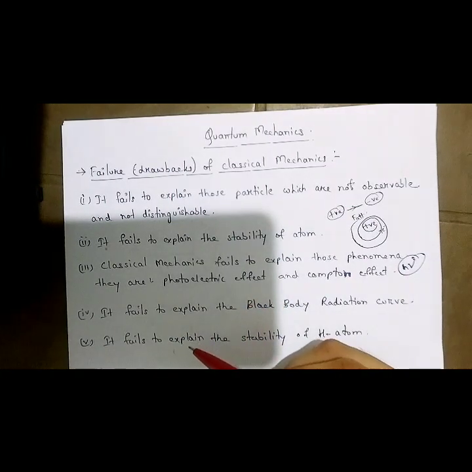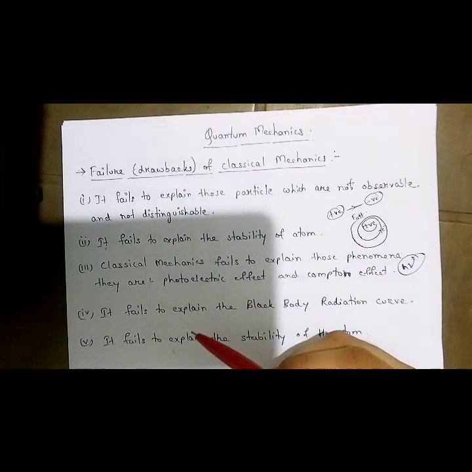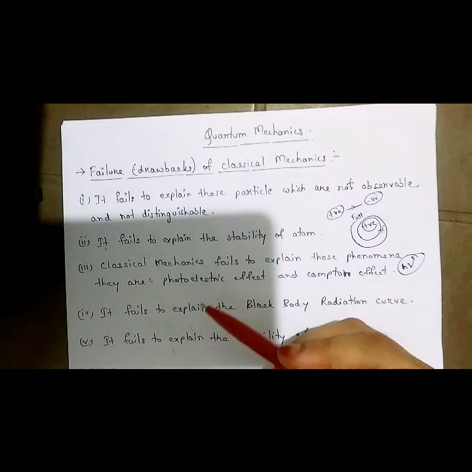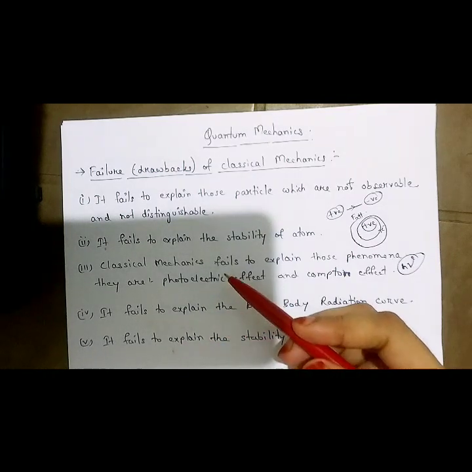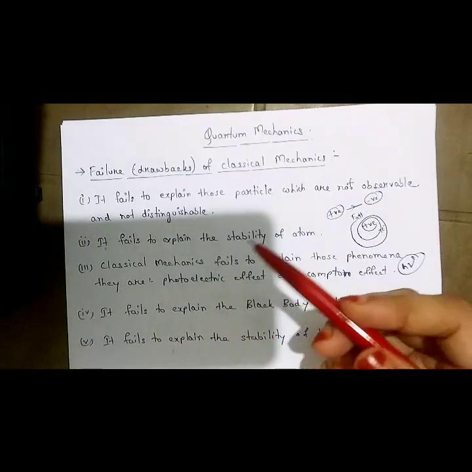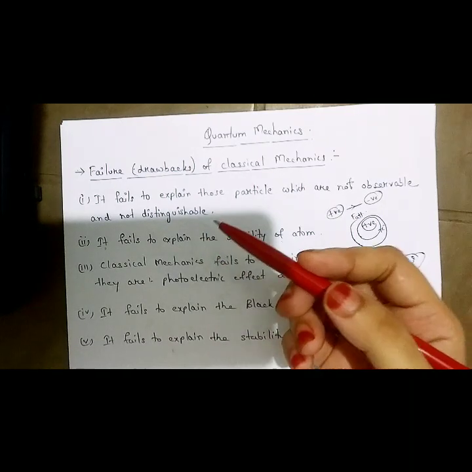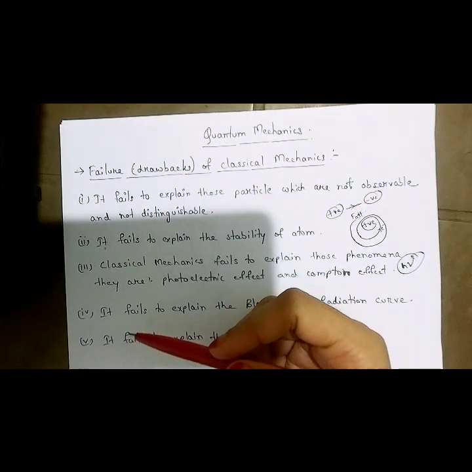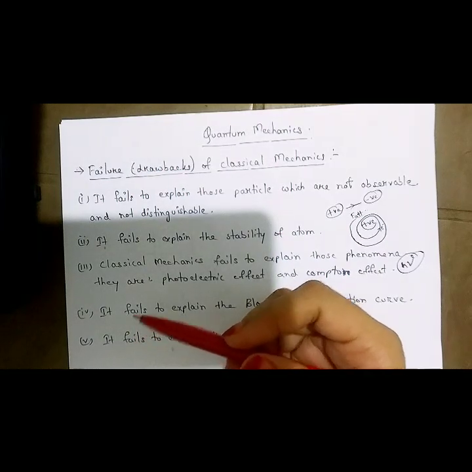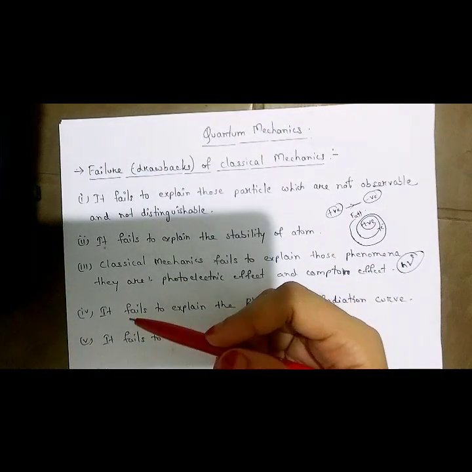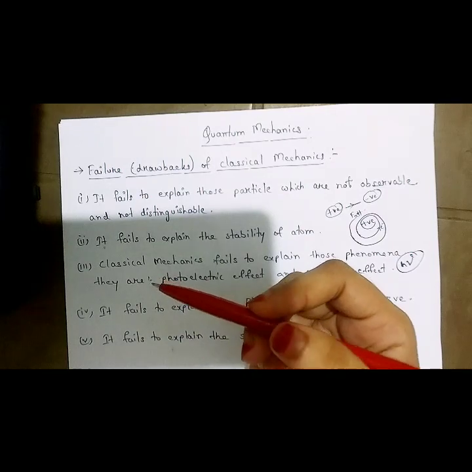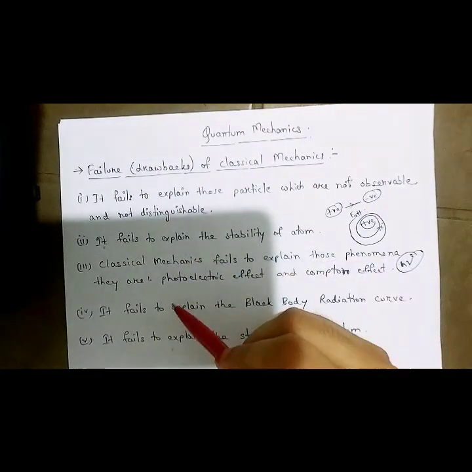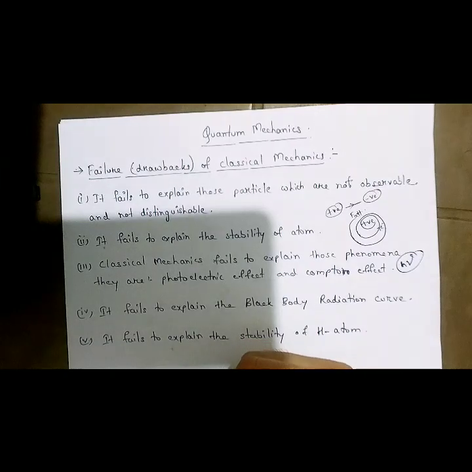The black body came up when it was found that electromagnetic radiation shows dual nature, and to explain this dual nature, the black body curve came. Classically it fails to explain the black body curve, but quantum mechanically it successfully explains it. Later on we will discuss the black body curve in detail.